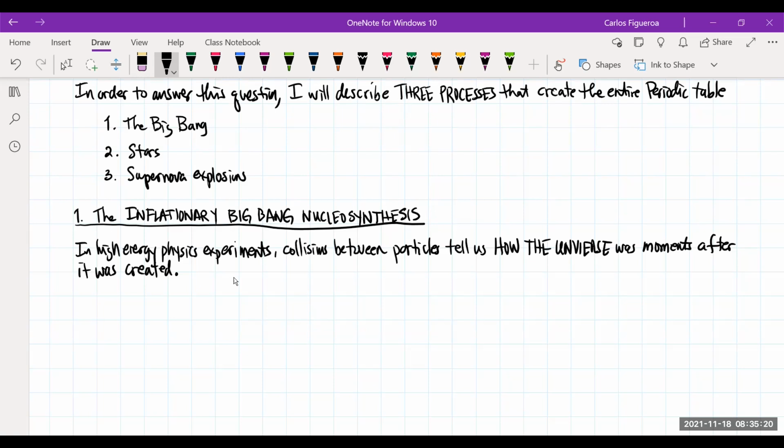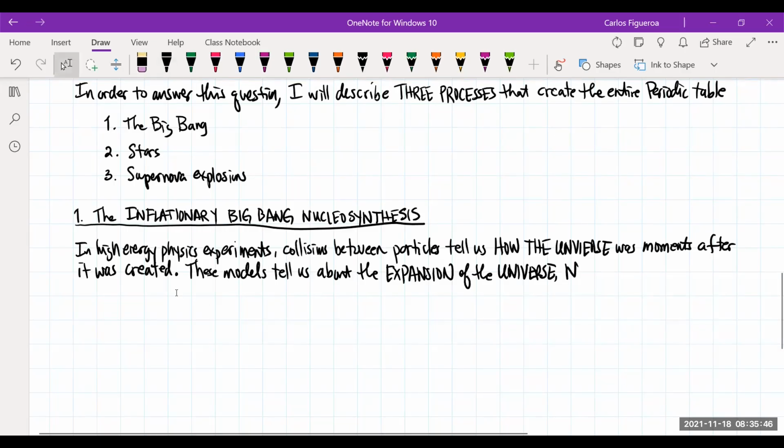This model does not explain the creation of the universe. What it does is that these models tell us about the expansion of the universe, not the creation.